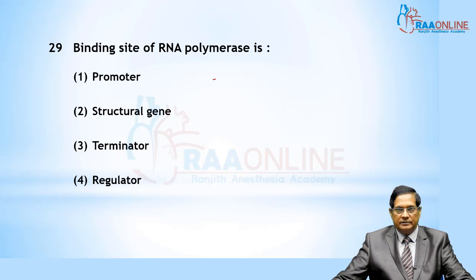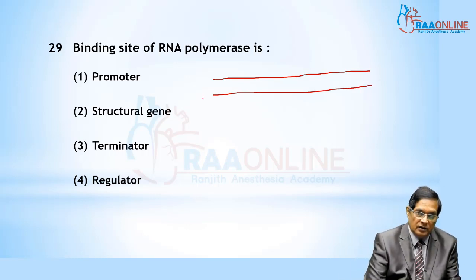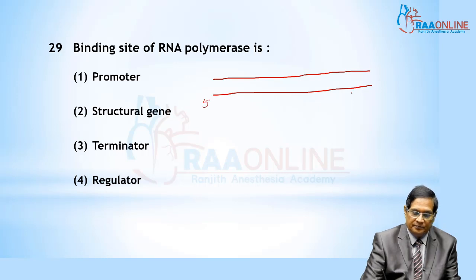Transcription unit. A transcription unit comprises three regions. This is a DNA molecule, polarity 5' to 3', and this is known as the coding strand.